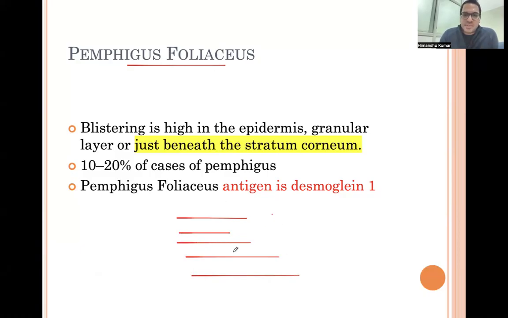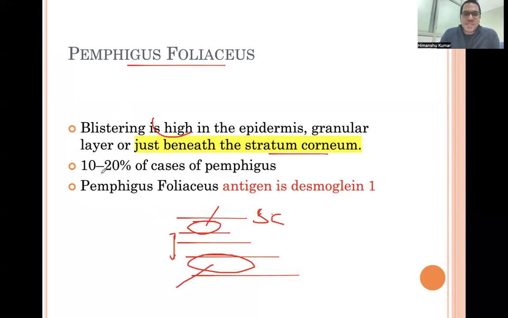In pemphigus vulgaris, which we just discussed, the blistering is usually in the lower levels. While in pemphigus foliaceus, the blistering is high, which is just below the stratum corneum. This is your stratum corneum, which is the first layer of the skin. So the blister is just about here. So this is the difference between pemphigus vulgaris and foliaceus. Foliaceus, the blister is on the top. Vulgaris, the blister is on the bottom of the epidermis.